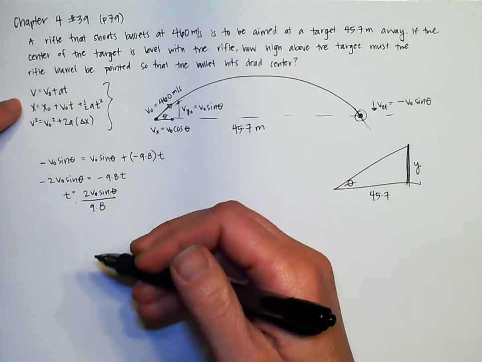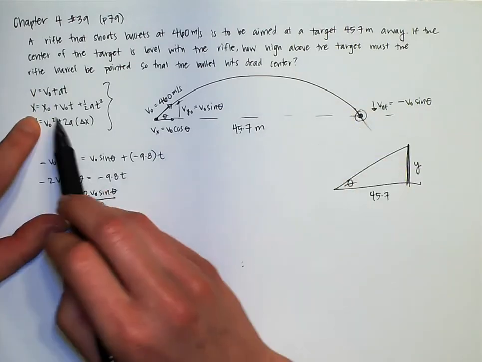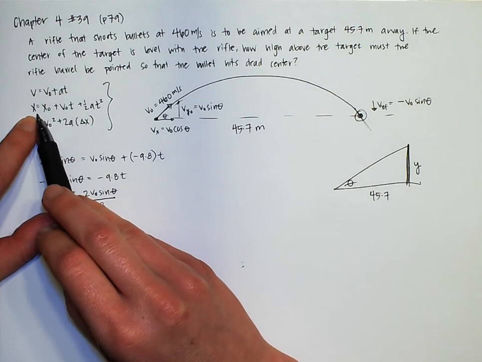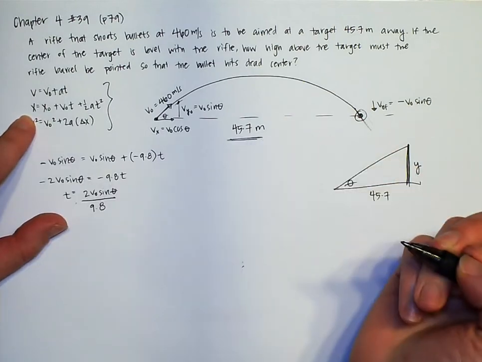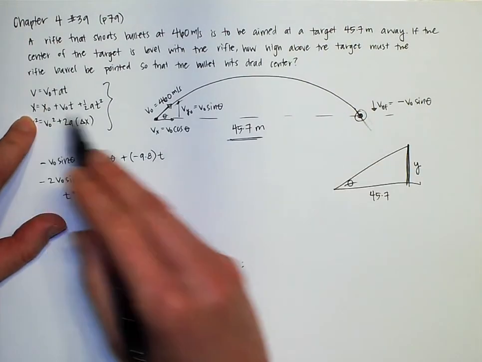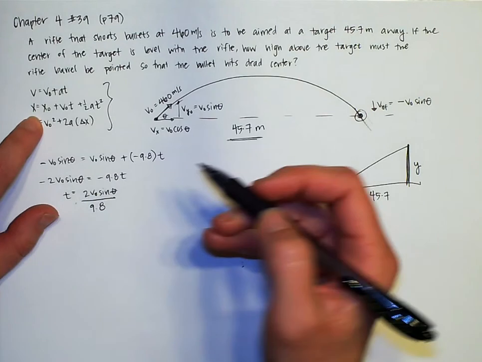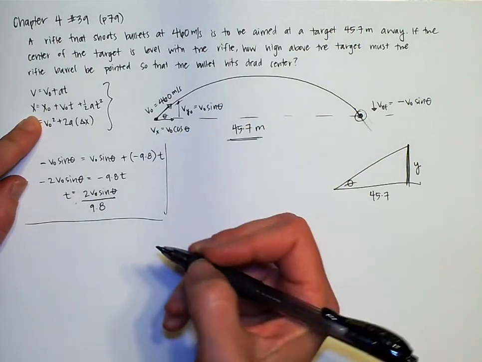So obviously I'm not done here, but I have an expression with theta in it with time. Now I'll go back to my toolbox and try to figure out something else that I might be able to use. I'll look at the second equation, and I know that I'm going to have to use 45.7 some way to solve this. So I'm going to try to use this in the x direction with the second equation. Let's put a little box around this so we know we're done with that for a minute.